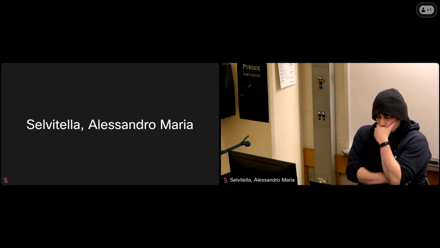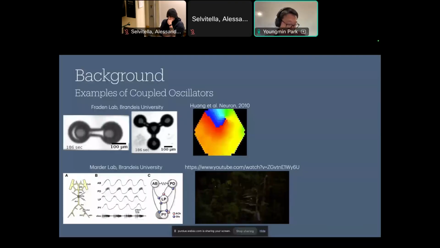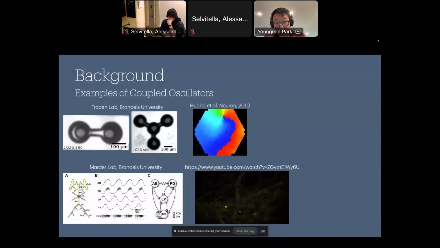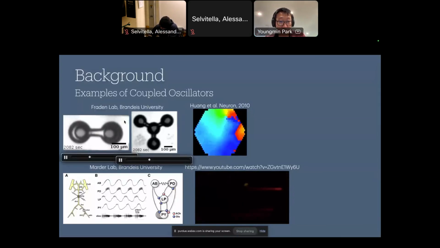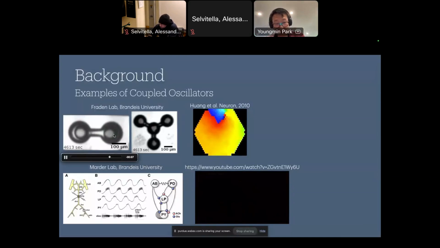Before we talk about that, let me share a bit about why I get so excited about oscillators and where these things show up. On the top left is a pair of videos from the Fraden lab at Brandeis University. These are Belousov-Zhabotinsky reactions. They have experimental preparations where they've etched small wells into some material that transmits light, though I don't quite know the material.